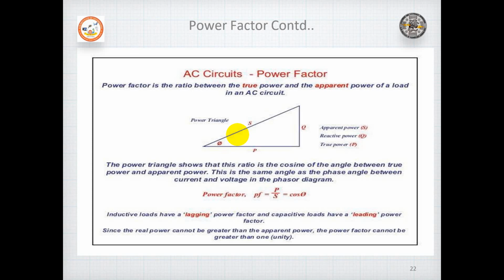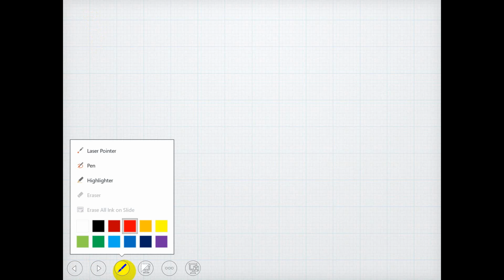We can define the power factor in different ways. One, it is the factor by which apparent power must be multiplied in order to obtain the true power. So we can write power factor is nothing but true power divided by apparent power.